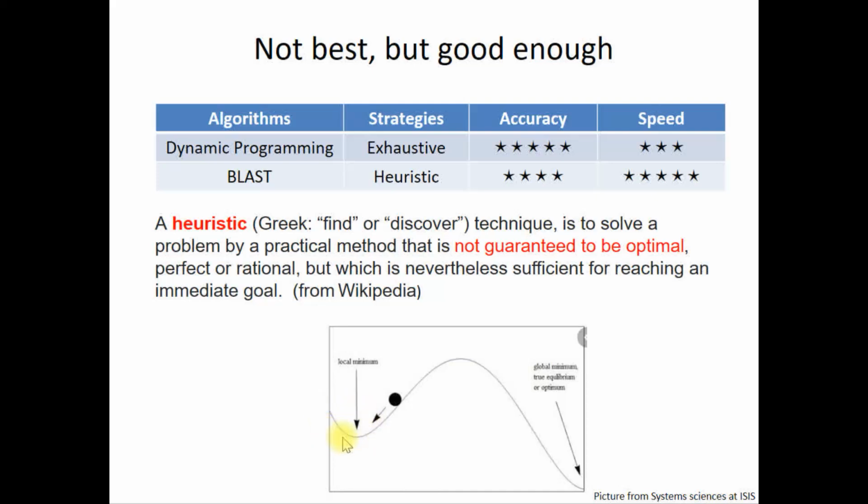For example, it's not guaranteed to find a global minimum, but may only end up with a local minimum. That means BLAST does not guarantee to find an optimal solution, but tries to find a sufficient solution in less time. That's why it has a very great performance in both accuracy and speed.